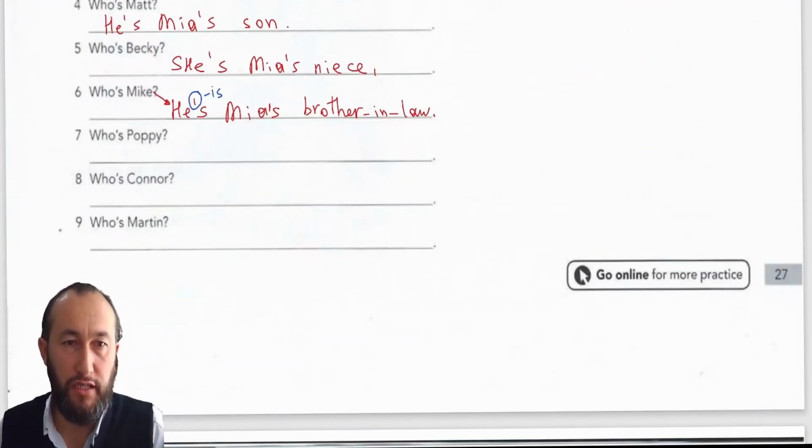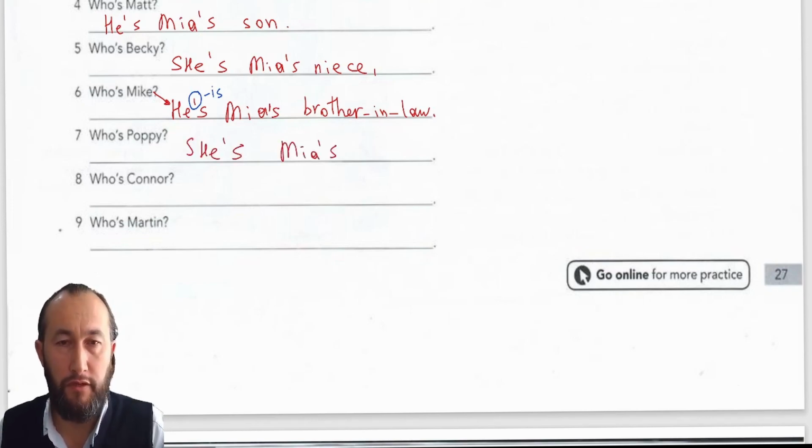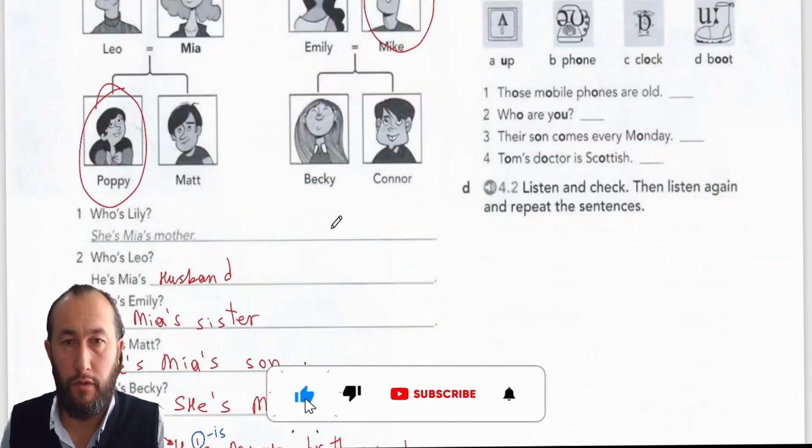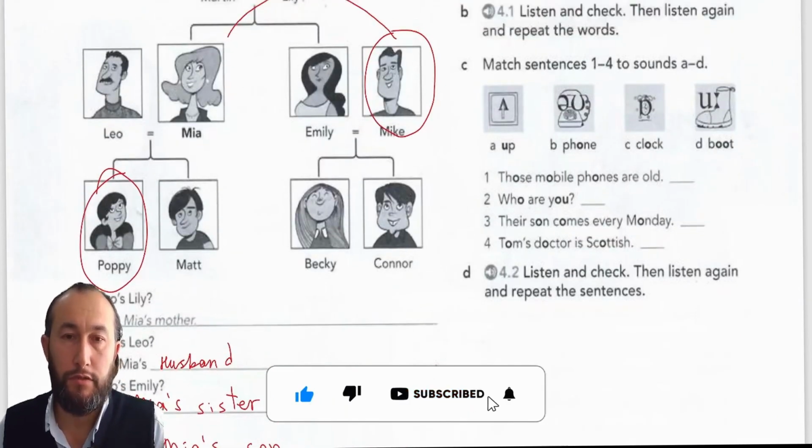So Poppy is Mia's daughter. So we can say she's Mia's daughter. Okay. Who is Connor? Connor. So Connor is here.